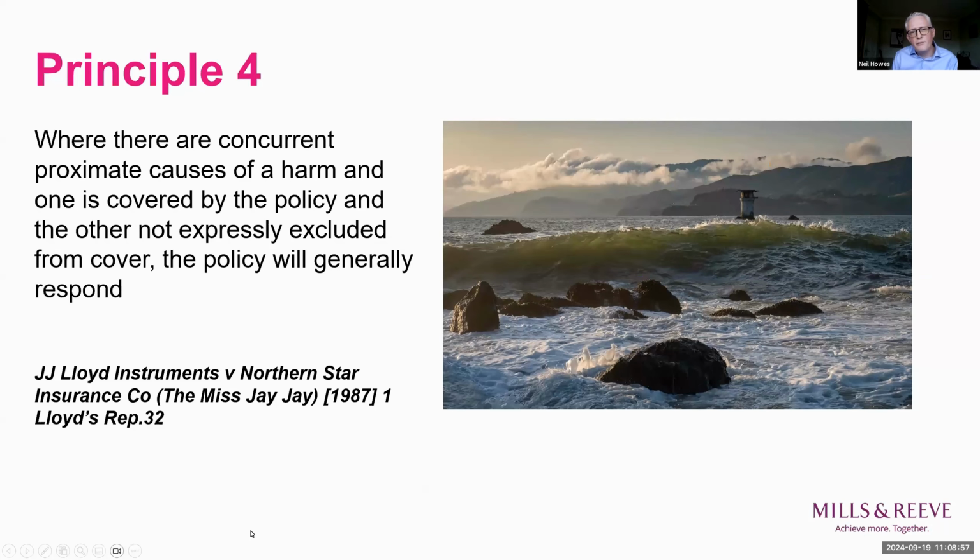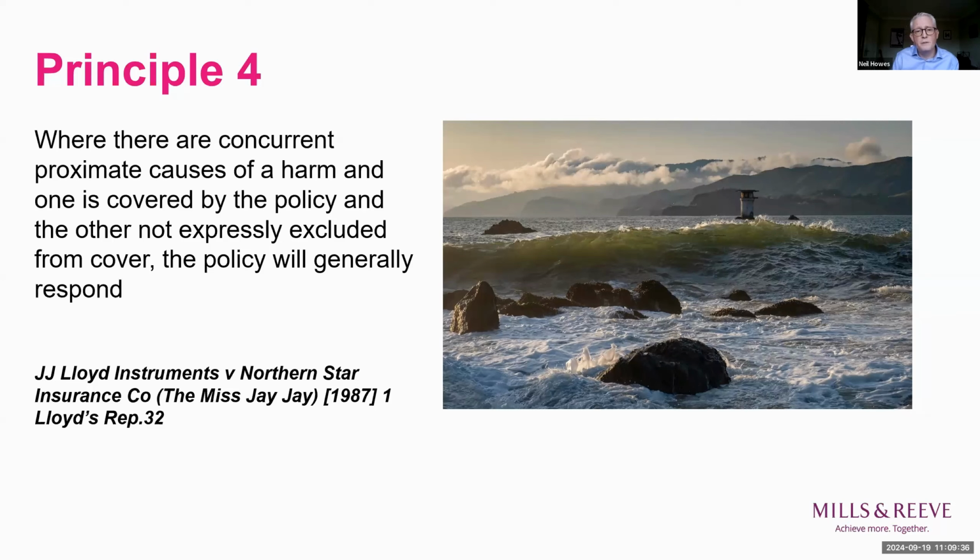Conversely, though, you have principle 4, which is that in contrast, where you've got concurrent proximate causes of harm, and one is covered by the policy and the other's not expressly excluded, then the policy will generally respond. So to give you an example, back in 1980, a boat named the Miss Jay Jay suffered fairly severe damage whilst crossing the channel, and the boat's owners sought to claim against their marine insurers for the cost of repair of the damage. That case also ended up in the Court of Appeal, which concluded that there were two concurrent proximate causes of the damage.